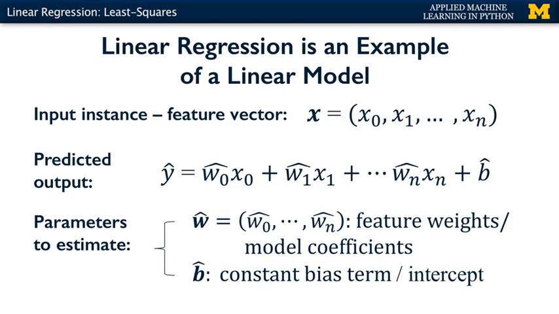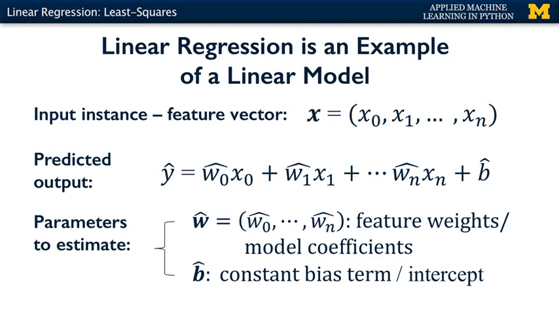More generally, in a linear regression model, there may be multiple input variables or features, which we'll denote x0, x1, etc. Each feature, xi, has a corresponding weight, wi. The predicted output, which we denote y hat, is a weighted sum of features, plus a constant term, b hat.